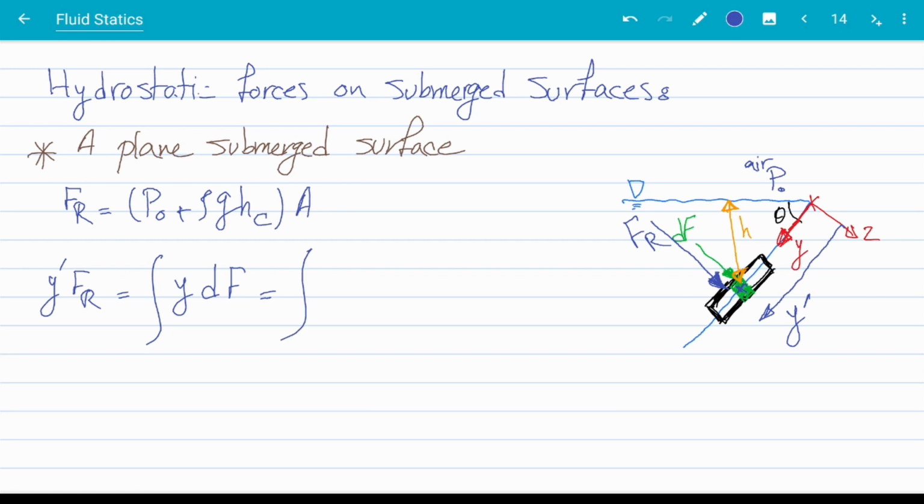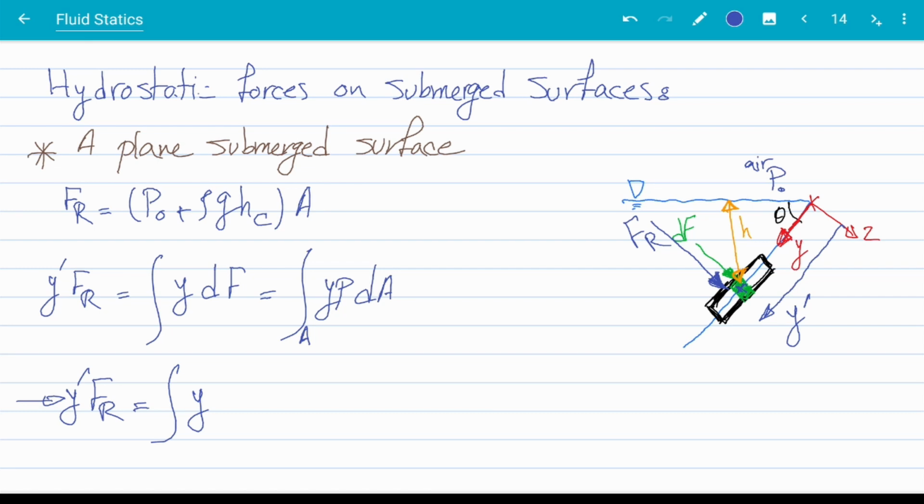This is actually y p dA, because remember dF is p dA. The integral is made over the area. Y prime times Fr is the integral of y times the pressure at any element dA on this area. We discussed that in previous pages.